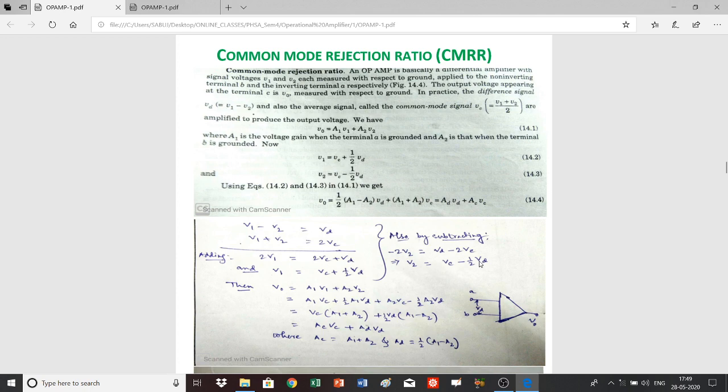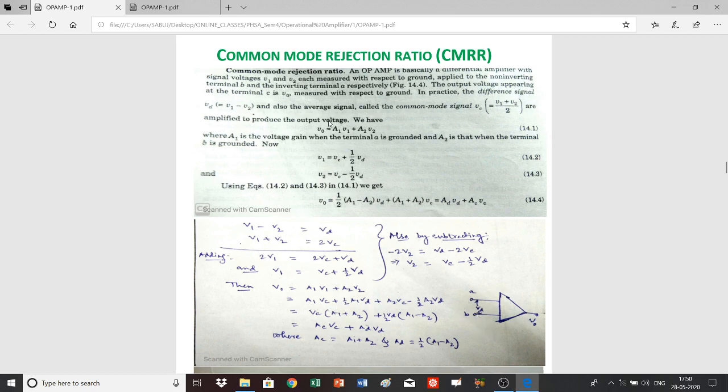Now consider the case when the inverting input terminal is grounded. If the gain of this amplifier is A1 and you apply the voltage V1 here, and consider the case when the non-inverting input terminal is grounded and V2 is applied to this terminal, then for the first case you will get the output voltage A1 V1, and when the other terminal is grounded, you will get A2 V2.